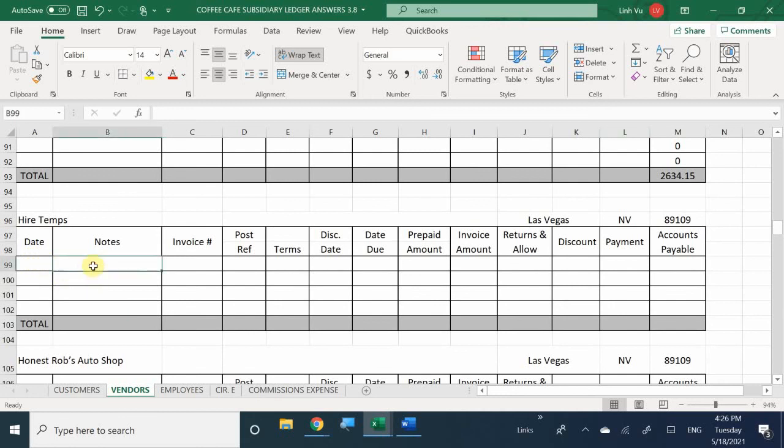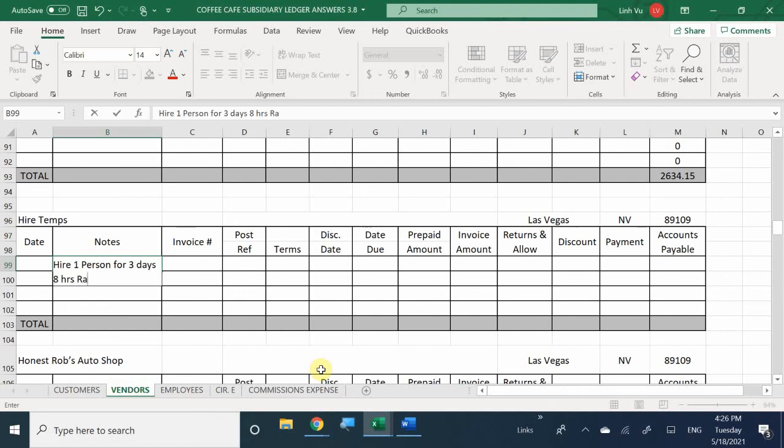We're not going to write the date yet, but we're going to write a note here that we're going to hire one person for 3 days, 8-hour shifts, and they're going to get a pay rate of $10.50 per hour. Okay. Hire Temps.